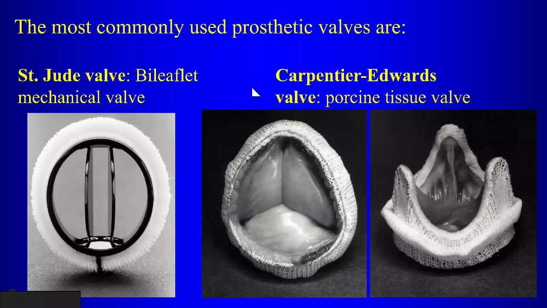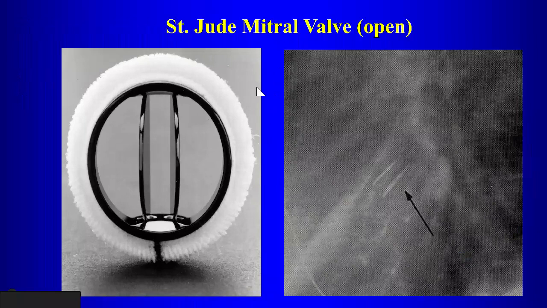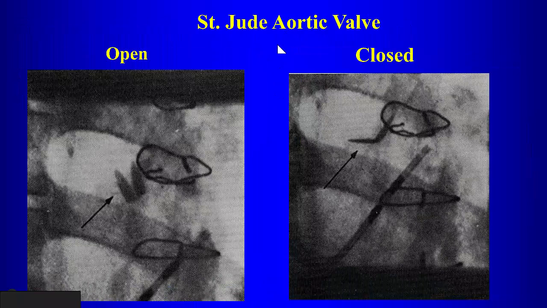So you're not going to see the valve because that's tissue, the valvular portion of the valve cusps. So the St. Jude mitral valve, if the valves are en face, you might not see them on radiographs, but if they're on edge, like here, then they're pretty easy to see on a chest radiograph. So you can recognize that as a mechanical valve.